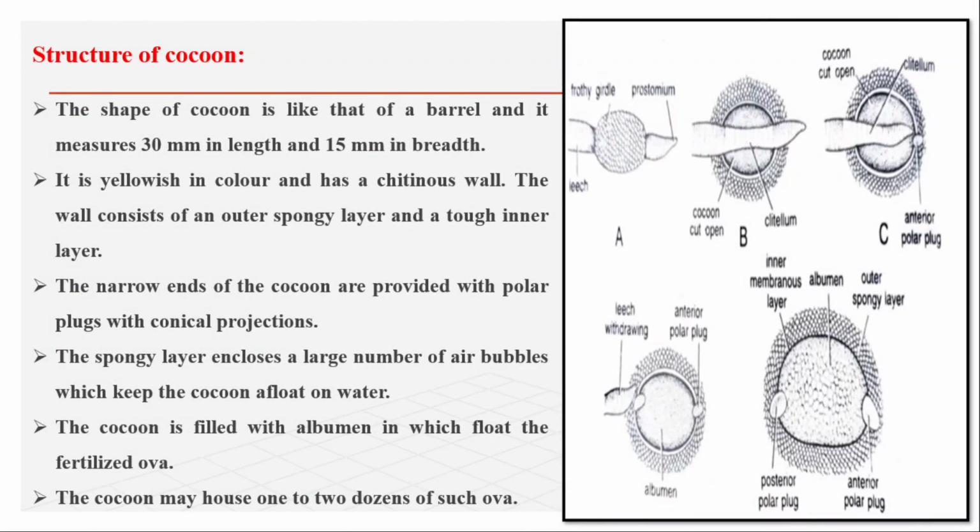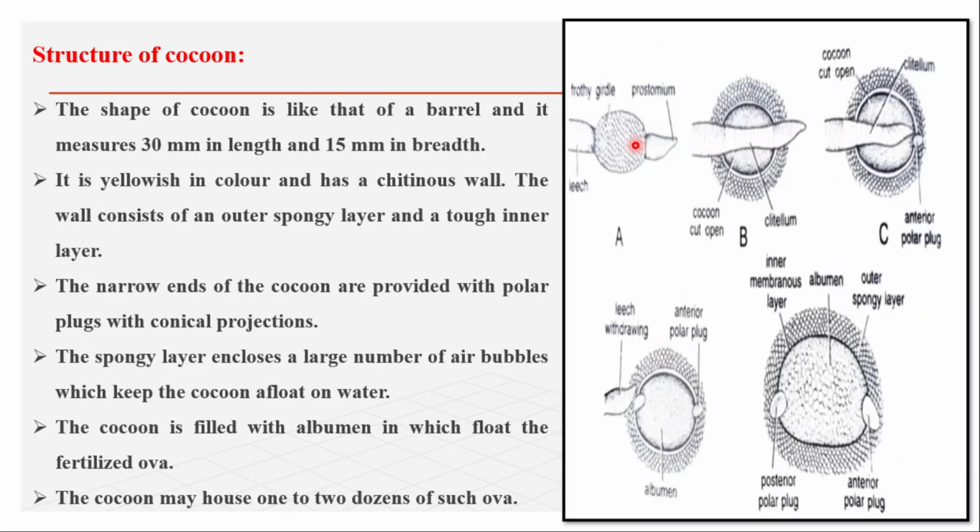See the slide. On the right side of the slide, I have given a diagram in which the cocoon formation is taking place step by step and how the complete cocoon is seen at last. In the first diagram, diagram A, see at the clitellum position near the head region in 9th, 10th and 11th segment, the clitellum is situated.